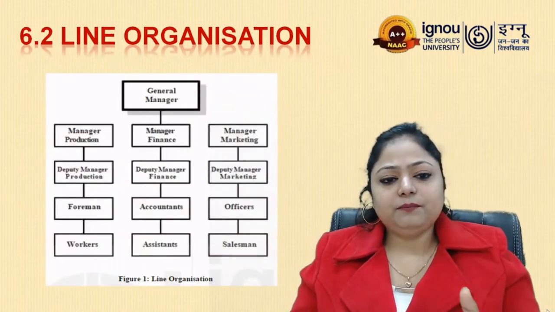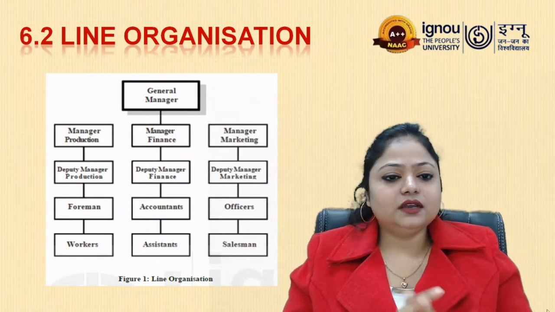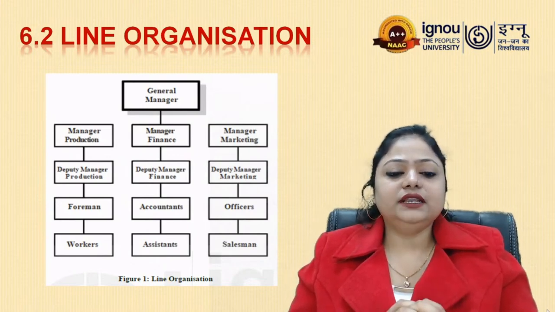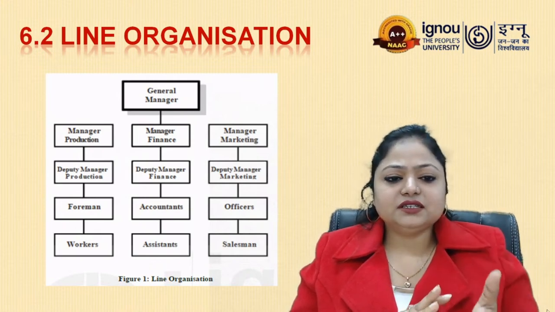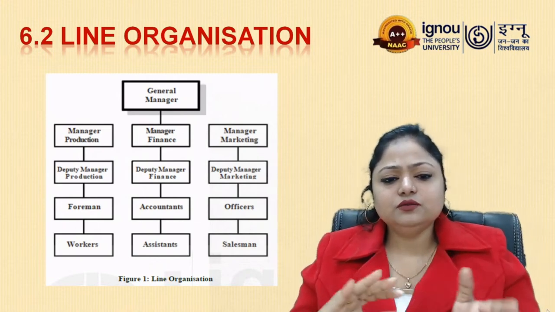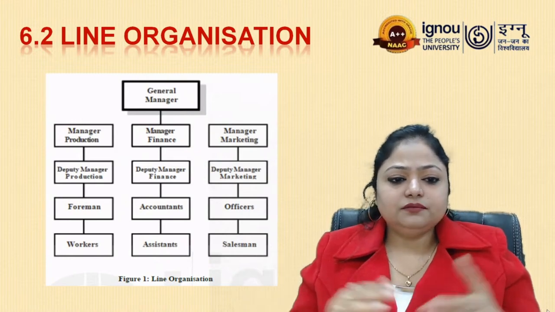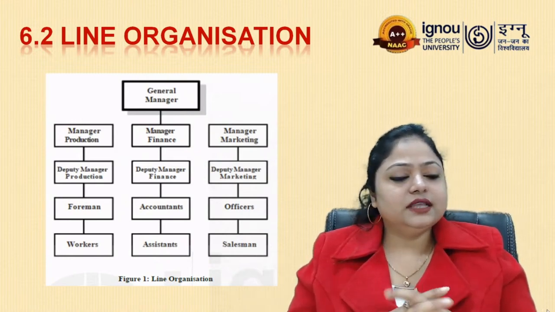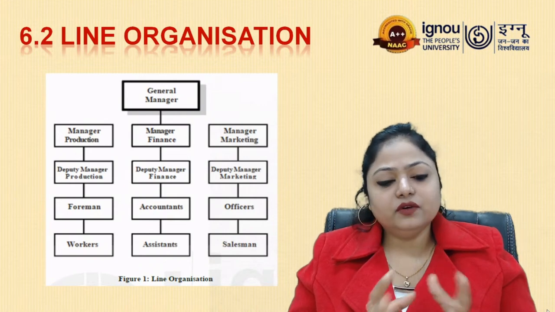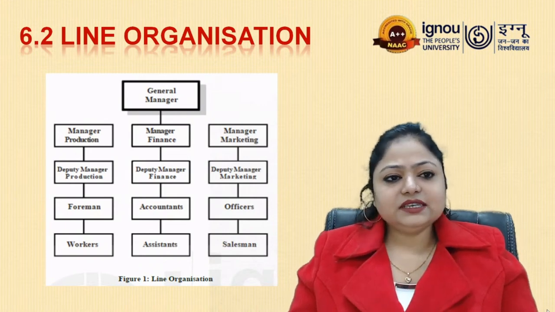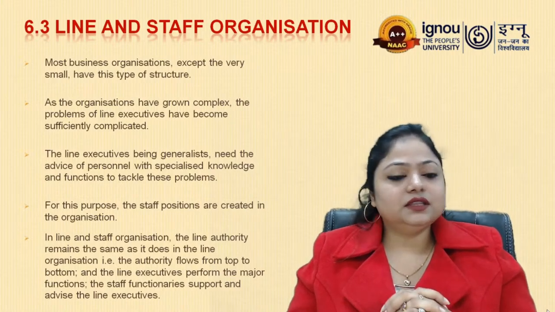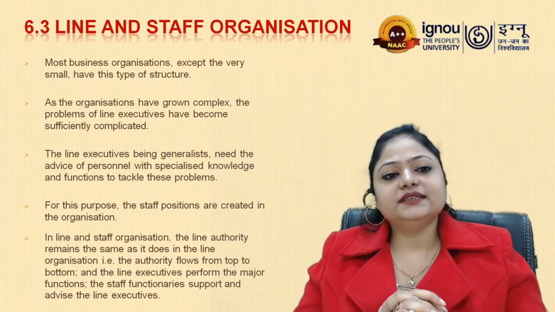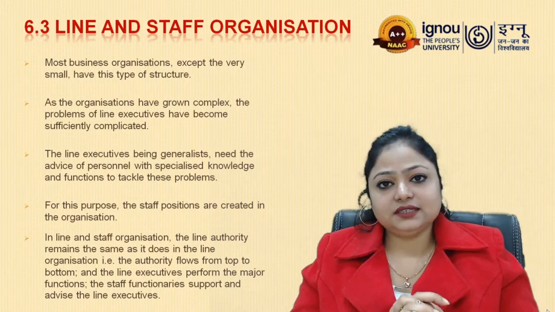So this is a particular figure, or chart, of the line organization. We have a general manager and then production manager, finance manager, marketing, and another level of managers, that is deputy manager, foreman, workers. Then we see there is a different section that deals with another type of organization, which is line and staff organization.